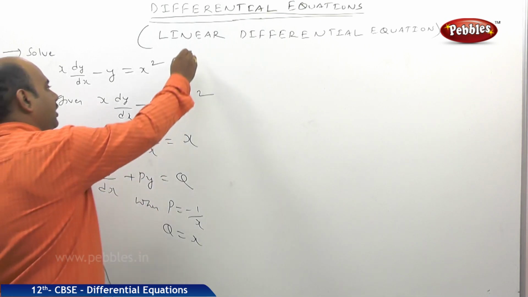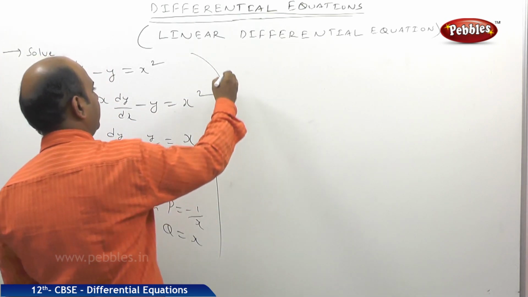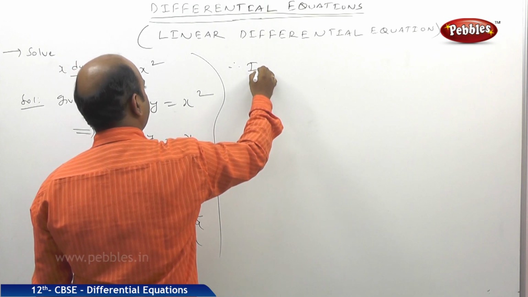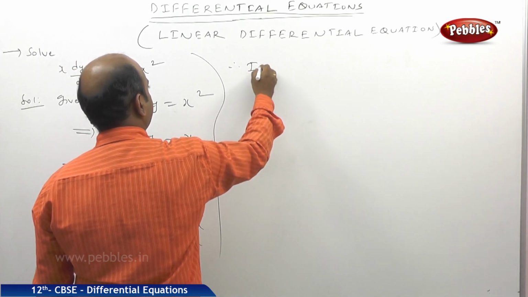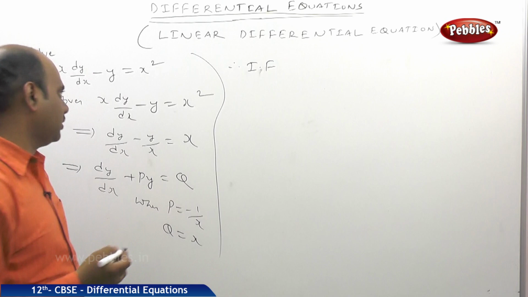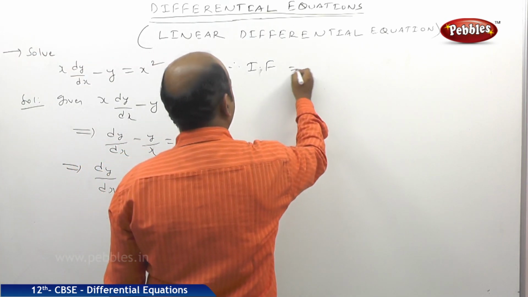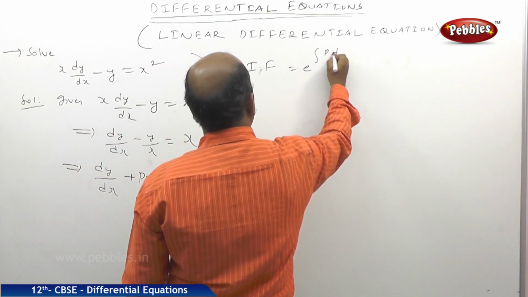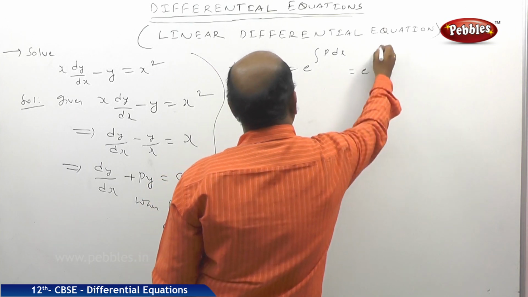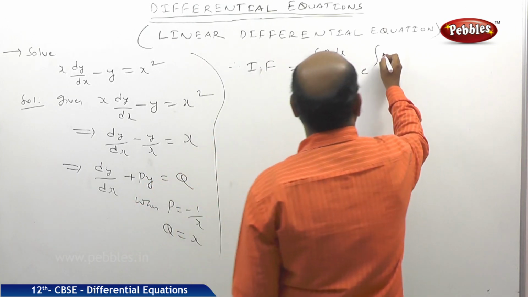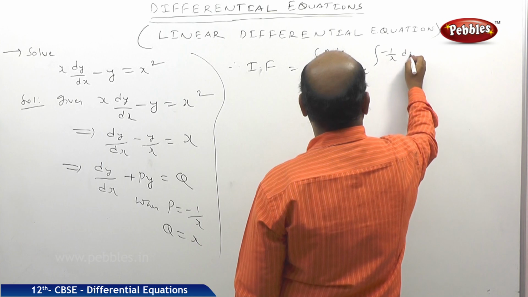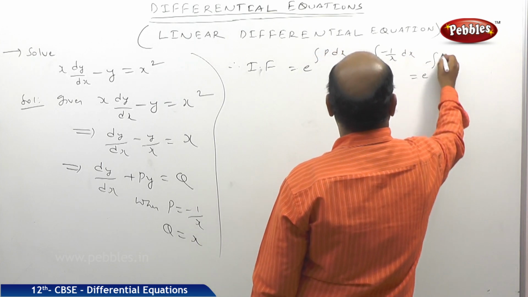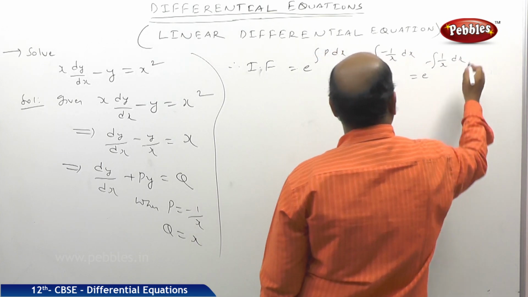So later what I need to do? I need to find the integrating factor. Integrating factor is generally denoted by I.F., and it is given by the formula e power integral of p dx. So e power integral of p means what here? Integral of minus 1 by x dx. So minus outside means integral of 1 by x dx.